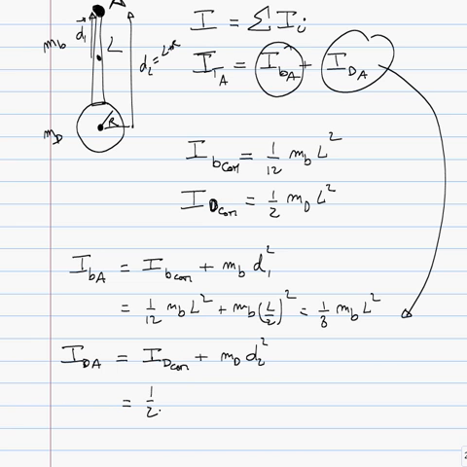This will be 1/2 mass of the disk times r squared. No, I'm sorry, this must refer to the radius of the disk by definition. My bad. Plus mass of the disk times D2, which is L plus R, squared. Done.